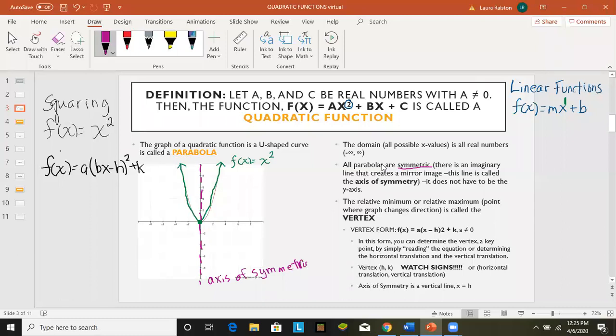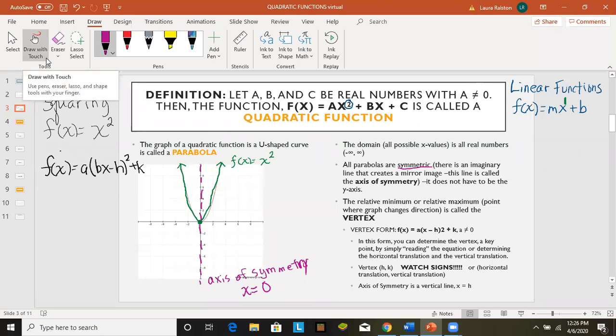Okay, so our axis of symmetry would be the vertical line x equals 0 for this particular parabola. But it doesn't always have to be 0; the deal is it does go through that center point. And again, if I could fold this graph in half, you wouldn't be able to tell the left side from the right side.